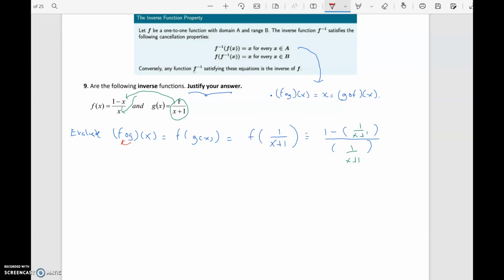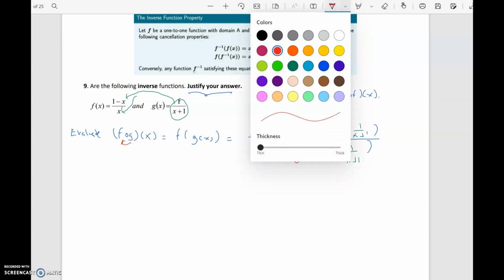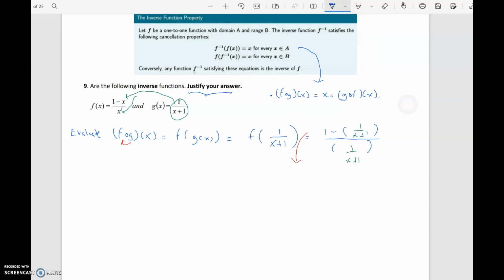Now, to simplify this one, we simply multiply by x plus 1. This is equivalent to 1 minus 1 over x plus 1, over 1 over x plus 1. So I'm going to multiply the top by the quantity x plus 1 and the bottom by x plus 1.